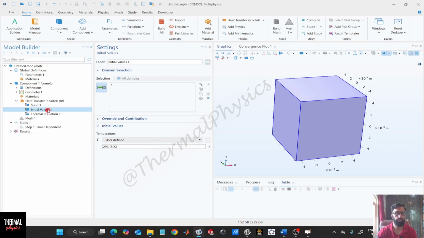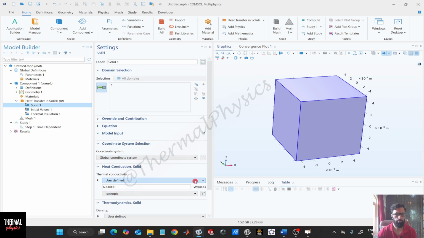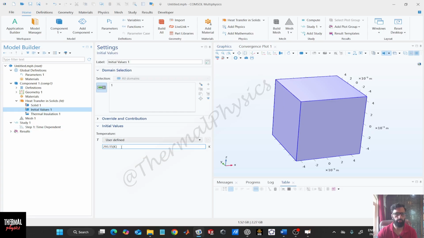Then initial value. Okay, everything is fine. Initially the body is at 80 degrees Celsius. Then we have to apply the boundary condition. Now it will be in the air and the heat transfer from the body surface to the air will be by convection.